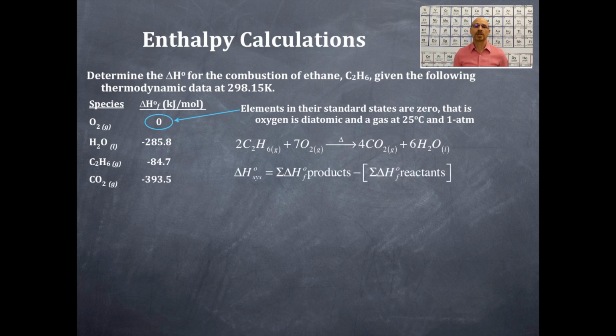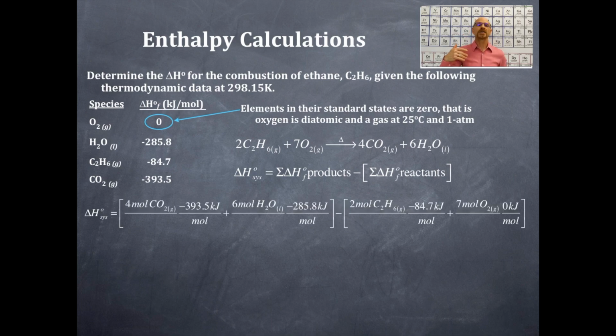All right, so we're using this equation: delta H naught of the system is equal to the sum of the delta H naught of formation of the products minus the sum of the delta H naught of formation for the reactants. Notice that I've included brackets around the reactants so that you don't screw up that negative sign. It's very important.